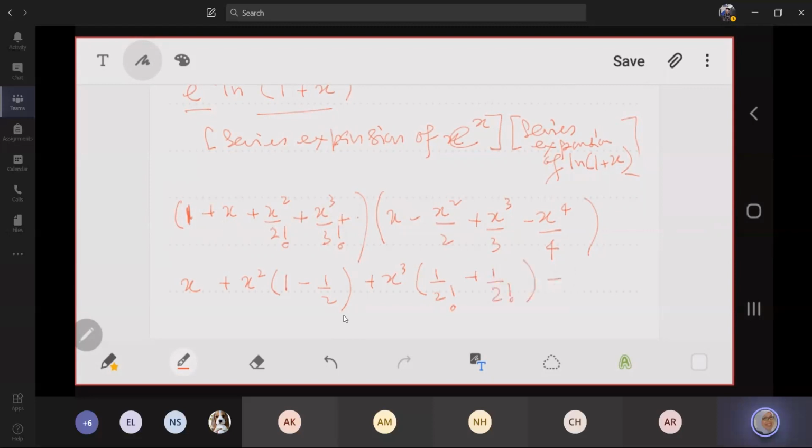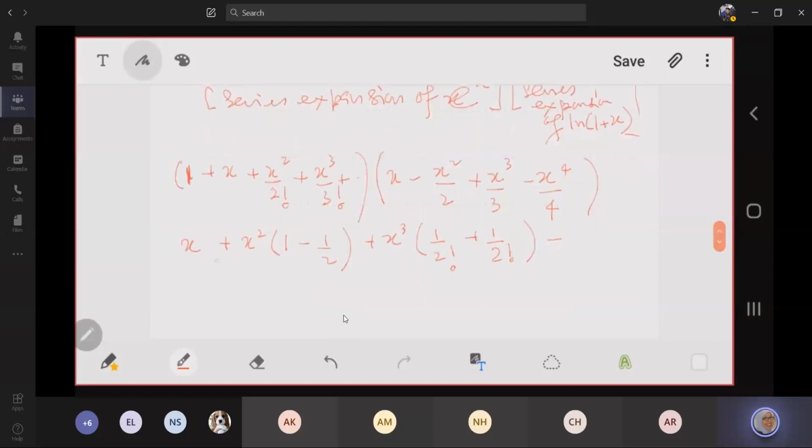The next will be x to the power of 4, so we don't have that. So it will be x plus x squared on 2 plus x cubed, up to x to the power of 3. Whenever you can simplify it, simplify it. Whenever you cannot, then you just expand, divide it into series, and then multiply both series expansions.